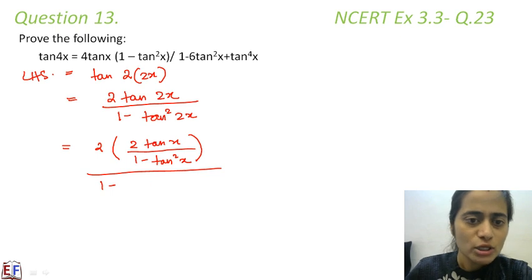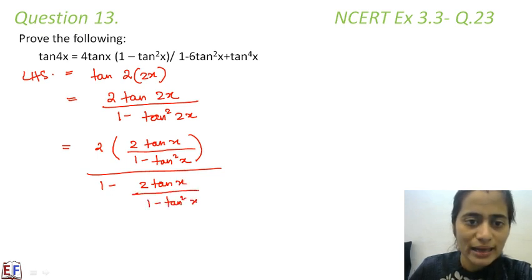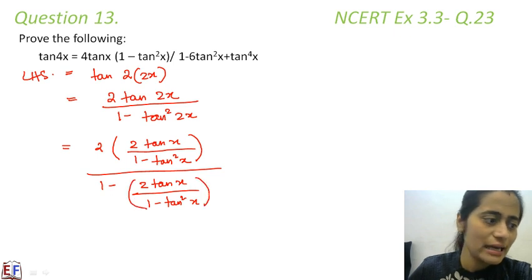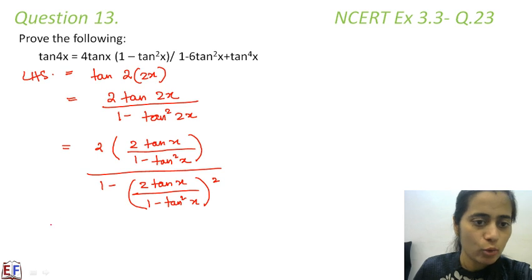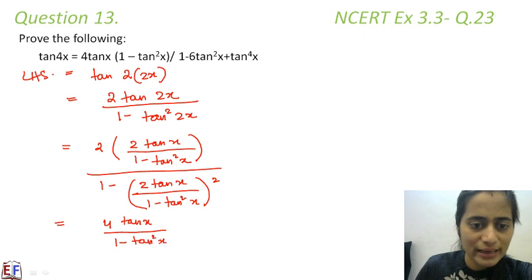So what we will do? This tan 2x will also become 2 tan x divided by 1 minus tan square x. But this time it is pure ka whole square. Right? So now, what do we do? So this becomes 4 tan x divided by 1 minus tan square x.